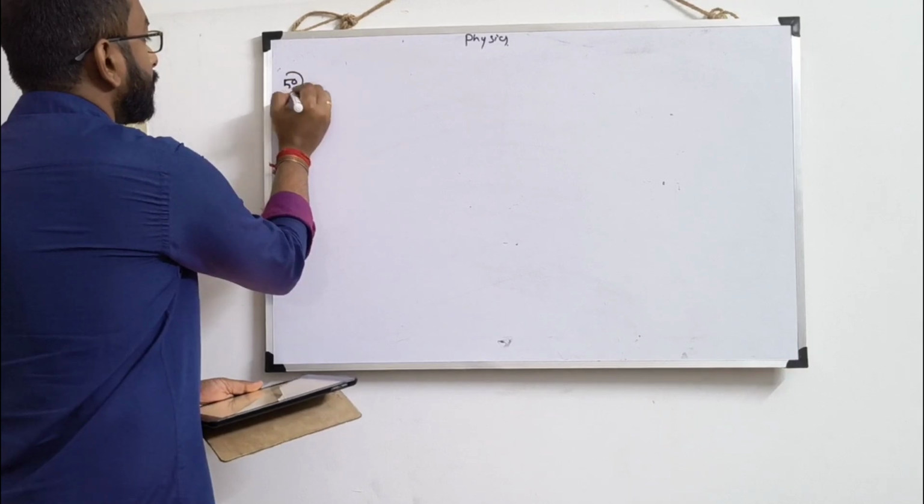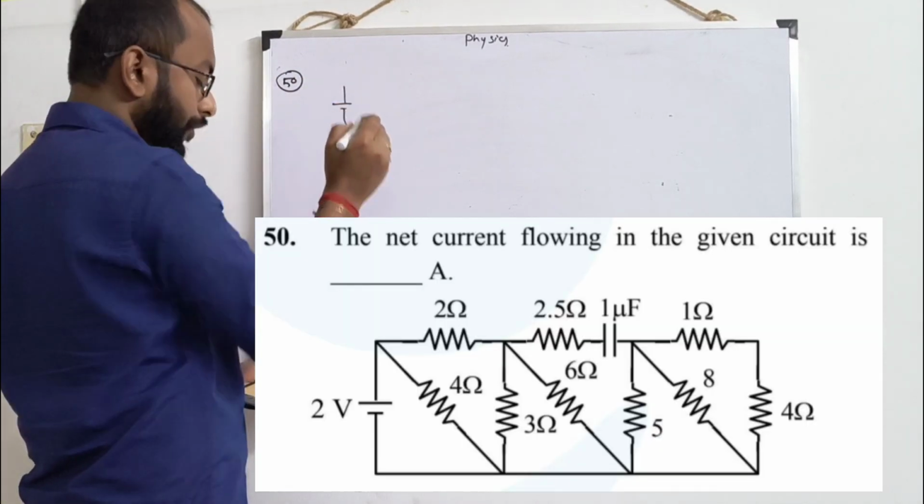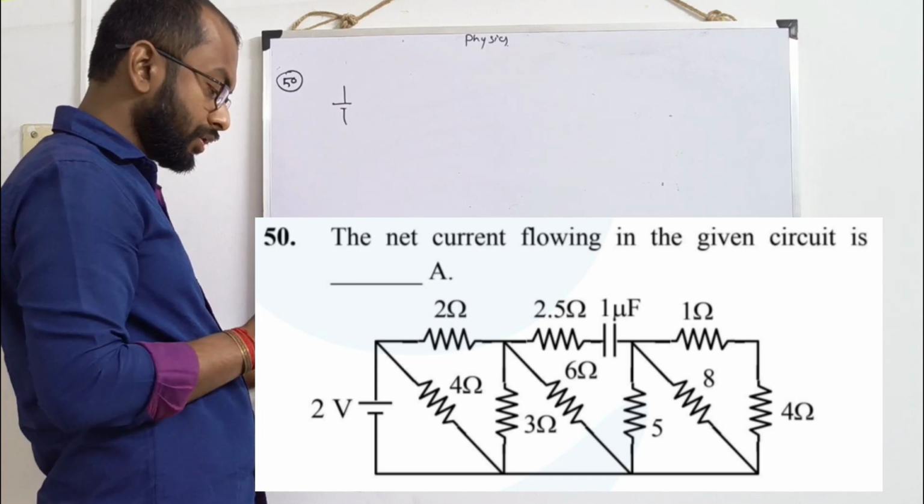Question number 50. I'll just draw the circuit to find out the net current flowing in the given circuit.